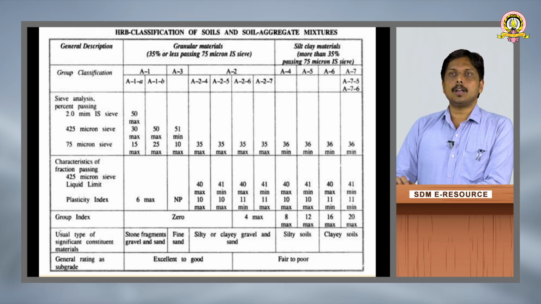Here, the soil is classified into several groups starting from A1 to A7, where A1, A2, A3 are considered as the granular soils, and A4, A5, A6 and A7 are considered as the silty, clay and mixtures, where the percentage of soil which is passing 75 micron is more than 35%, and granular material is one where the percentage passing 75 micron is less than 35%.